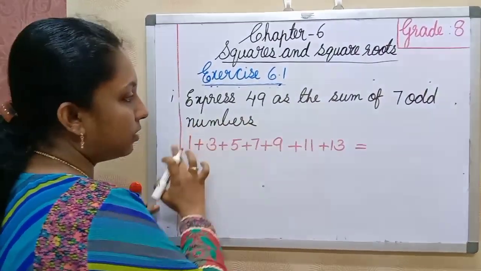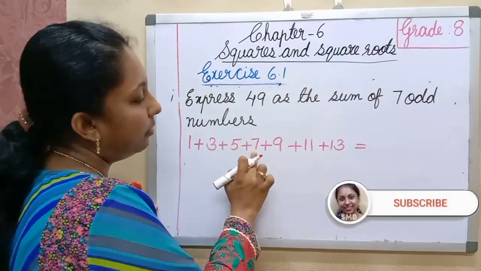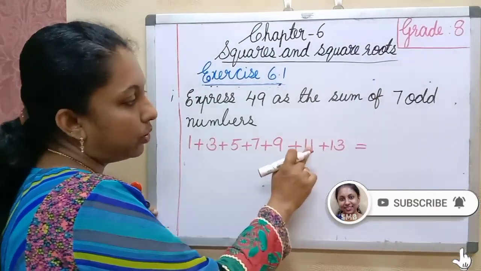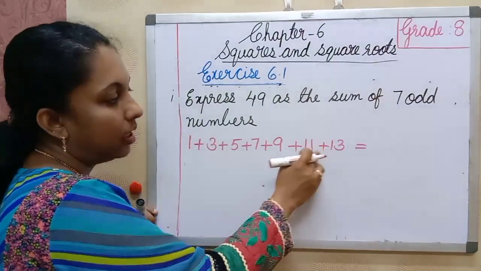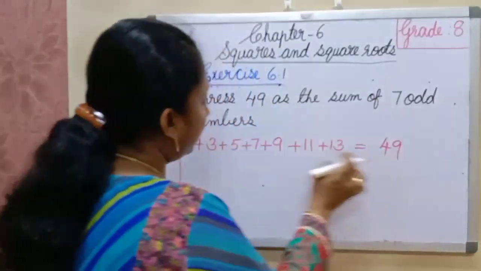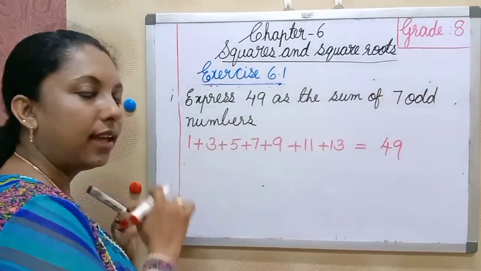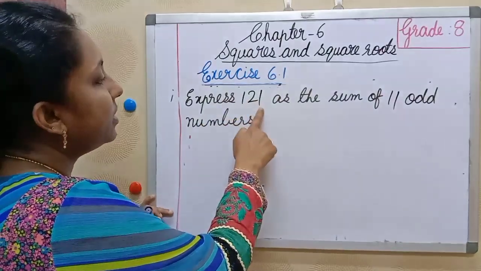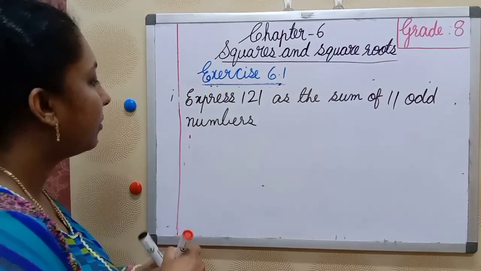What is the sum of these odd numbers? 1 plus 3, 4. 4 plus 5, 9. 9 plus 7 is 16. 16 plus 9 is 25. 25 plus 11 is 36. 36 plus 13 is 49. So it is correct. So we can express 49 as 1 plus 3 plus 5 plus 7 plus 9 plus 11 plus 13.